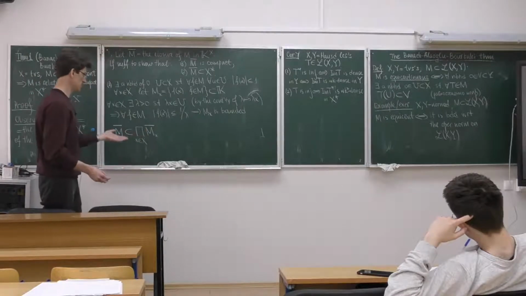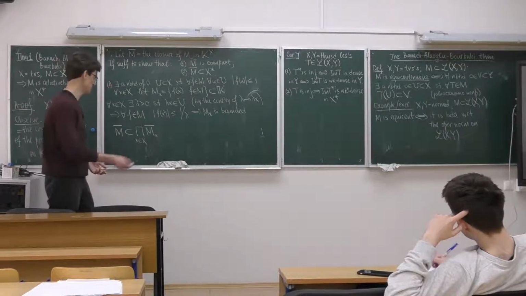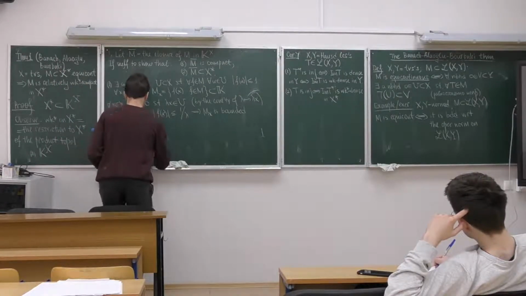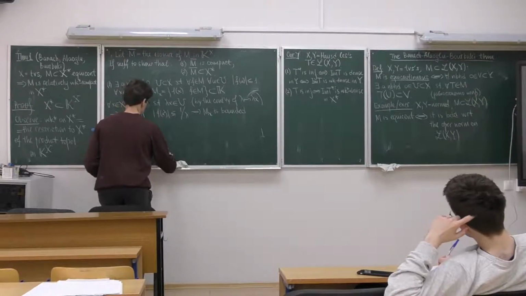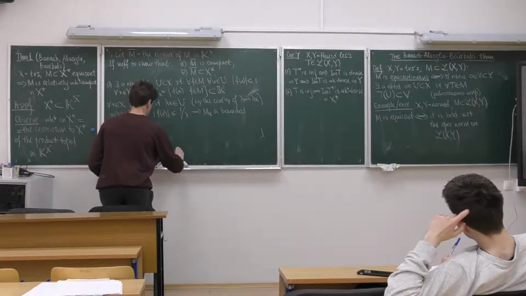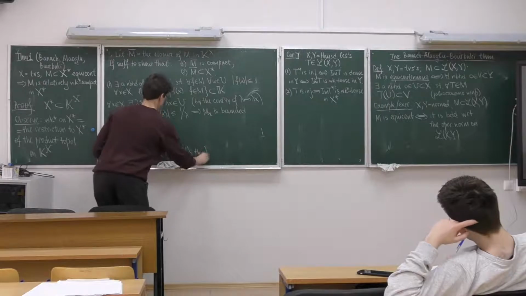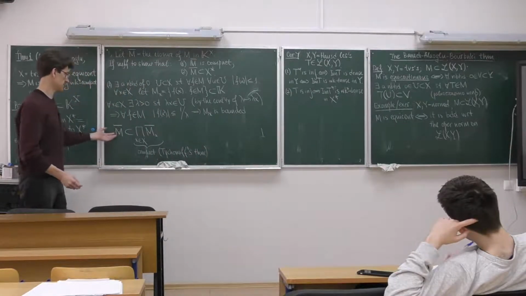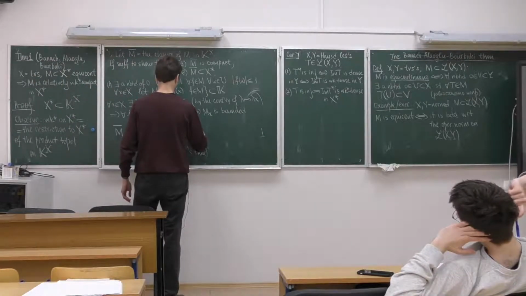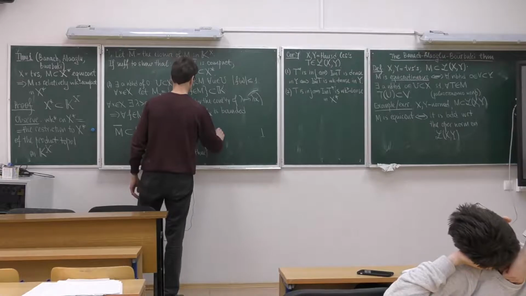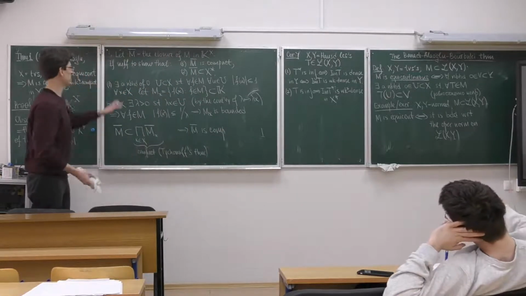But each Mx is bounded, so its closure is compact in K, and the product of compact spaces is compact by Tychonoff's theorem. So M bar is compact because it is a closed subset of a compact space. Okay, this completes the proof of part 1.